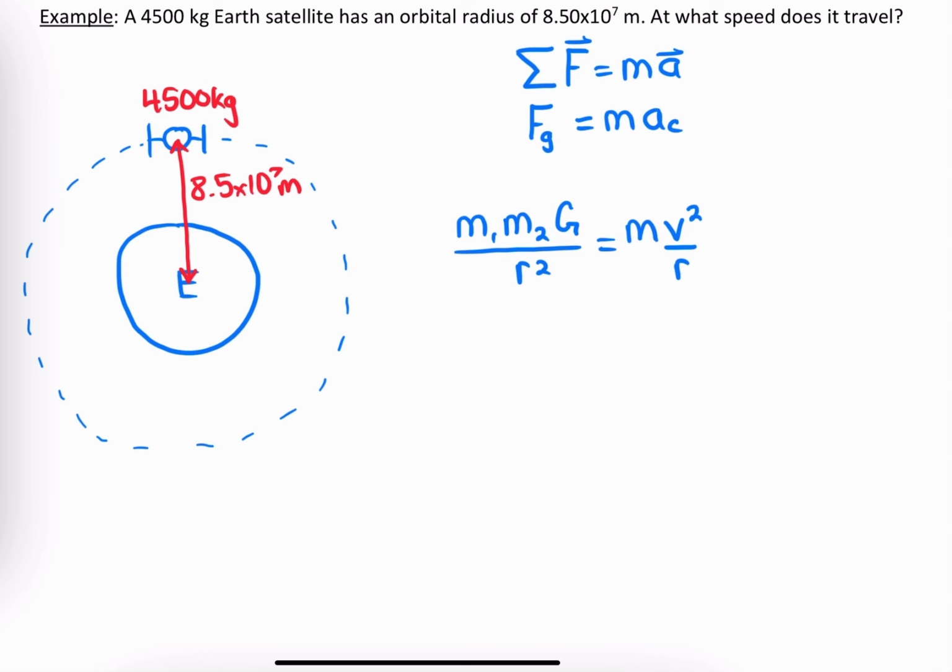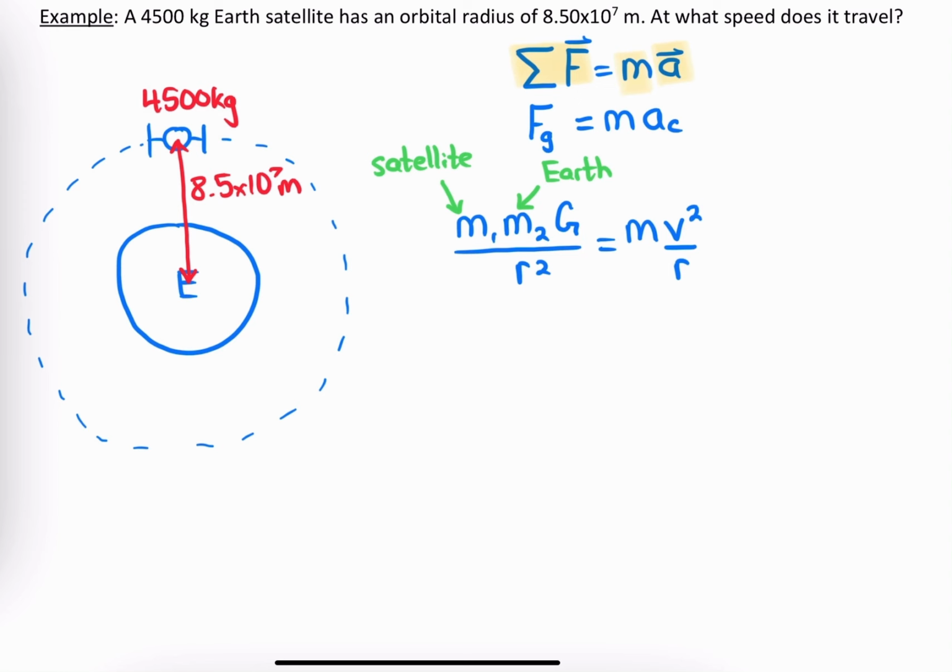So let's label those as such. This is the satellite. This guy is Earth. Now we've also got this m over here on the other side of the equation. That's my m from F equals ma. So if we think of what F equals ma means, this is the sum of the forces on an object, this is the mass of that object, and this is the acceleration of that object.